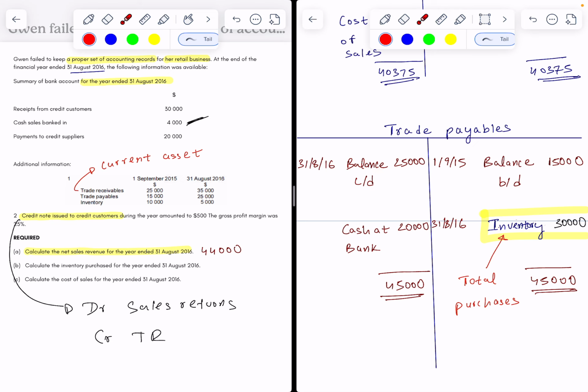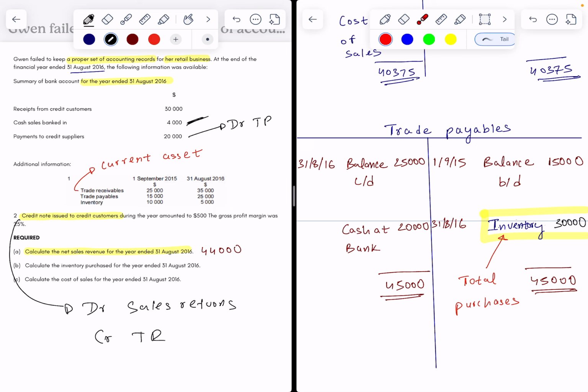Now, based on the information given at the beginning of the question, we know that payments to credit suppliers were $20,000, okay? So when we make a payment to credit suppliers, how can we journalize that? We debit the trade payables because liabilities are going down. We no longer have an obligation towards the suppliers because we have already made our payment. But how are we making this payment?